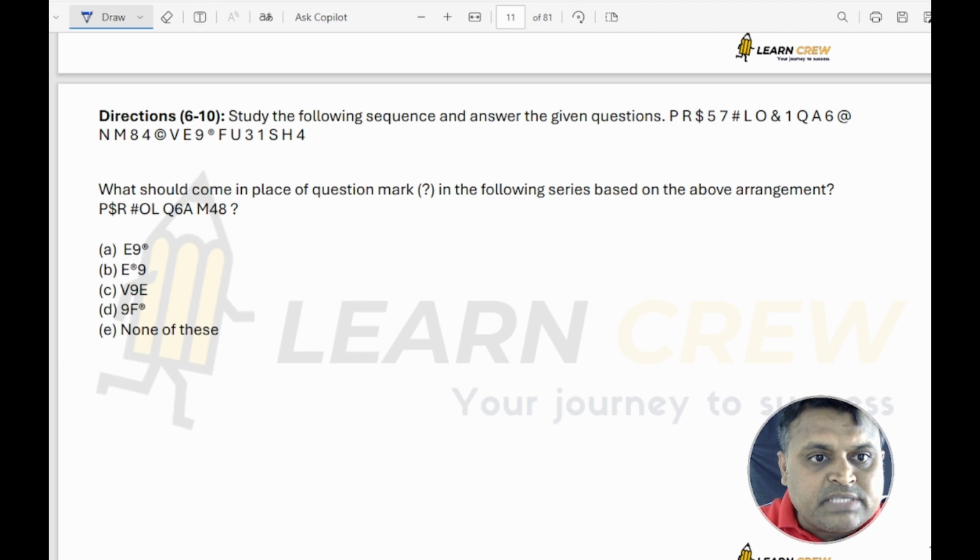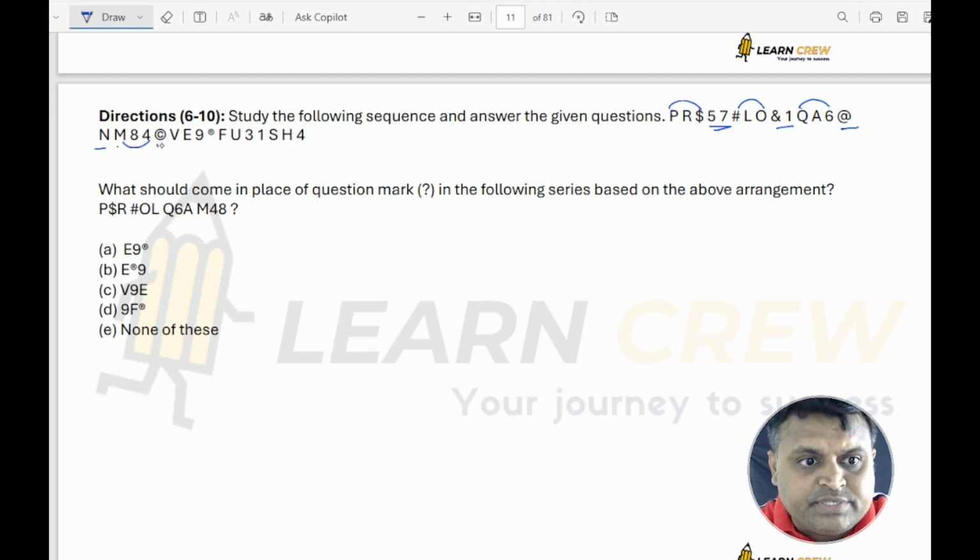So what would come in place of the question mark in the following series based on the above arrangement? So P dollar R, P dollar R, and then hash OL, hash OL, P dollar R, hash OL, then Q6A, then M4H.